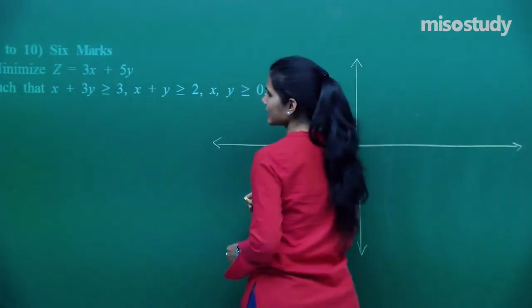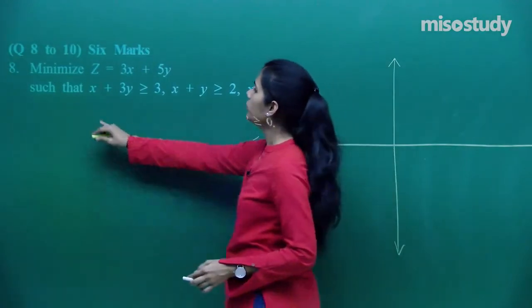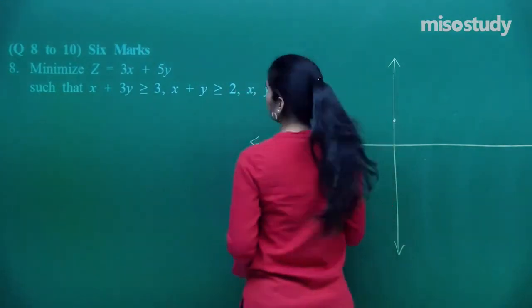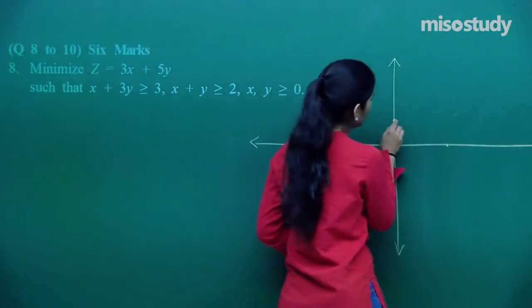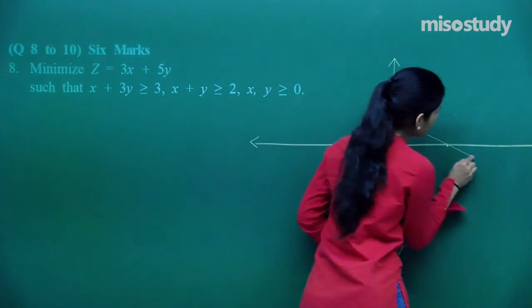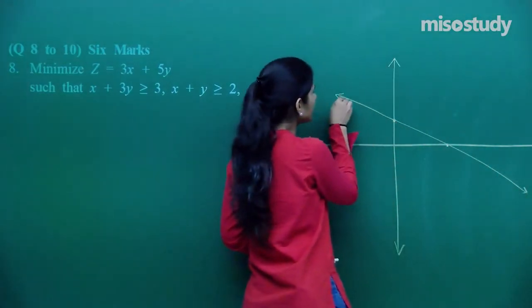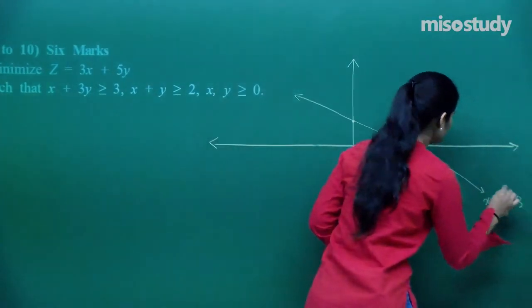First constraint is x plus 3y greater than equal to 3, x plus 3y equal to 3. When you put x equals 0, y is 1, and when you put y equals 0, x is 3. This is the straight line representing x plus 3y equal to 3.